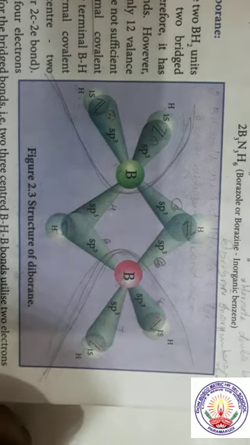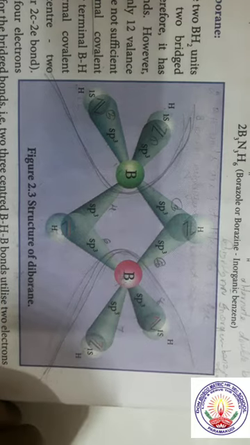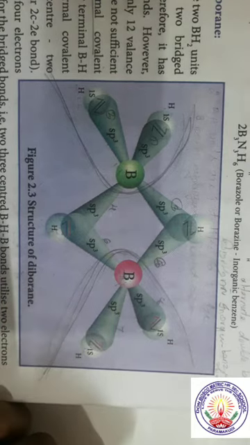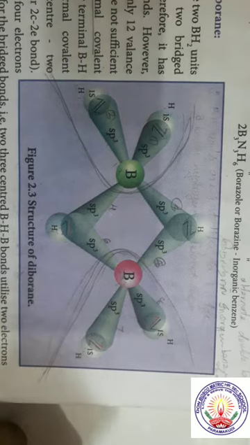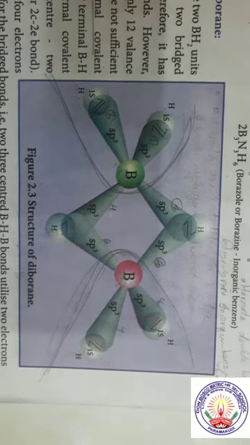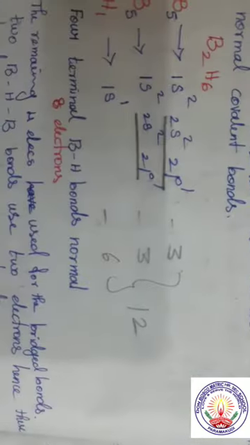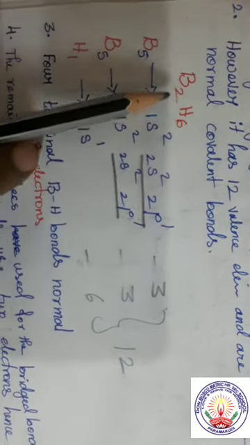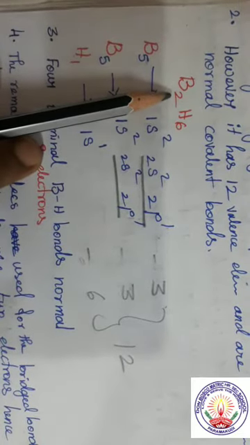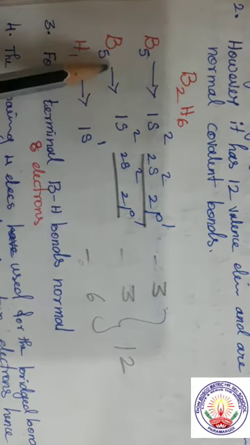However, it has 12 valence electrons, which are insufficient to form normal covalent bonds. First we shall see the 12 valence electrons. See the formula B2H6.